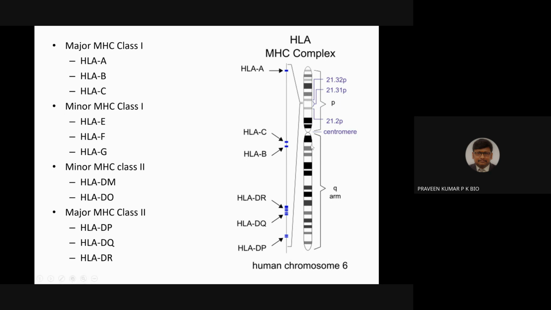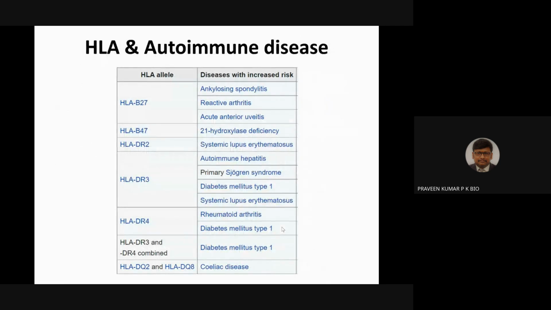The locus information, the gene information in human chromosome 6, is shown here. In the chart you can find the HLA C and B in the long arm, as well as DP, DQ and DR, which are also present in the long arm.